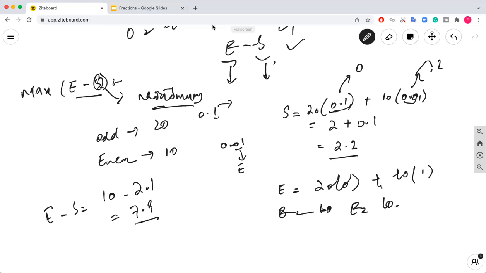Did you get my point till now? Where is the confusion with 10 minus 2.1? The value of E after calculation is 20 into 0 plus 10 into 1, which is 10. So 10 minus 2.1 is 7.9.